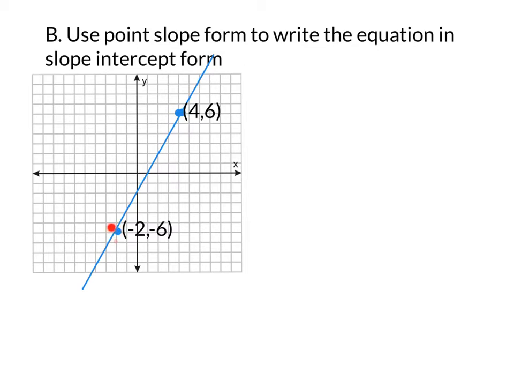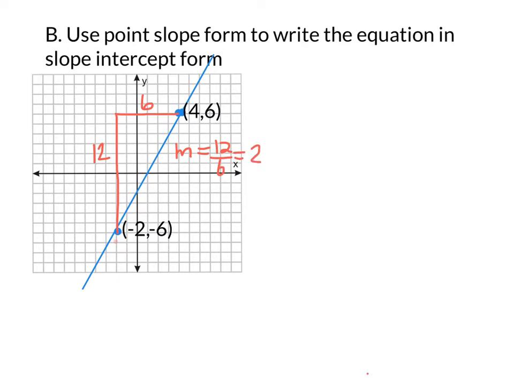I'm going to count up 1, 2, 3, 4, 5, 6, 7, 8, 9, 10, 11, 12. So it went up 12. That's my rise. And I'm going over, let's count this, 1, 2, 3, 4, 5, 6. My run is 6. So my slope is 12 rise over 6 run, which reduces to 2.